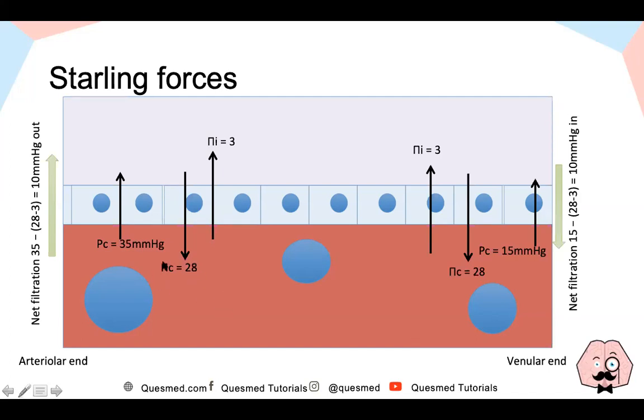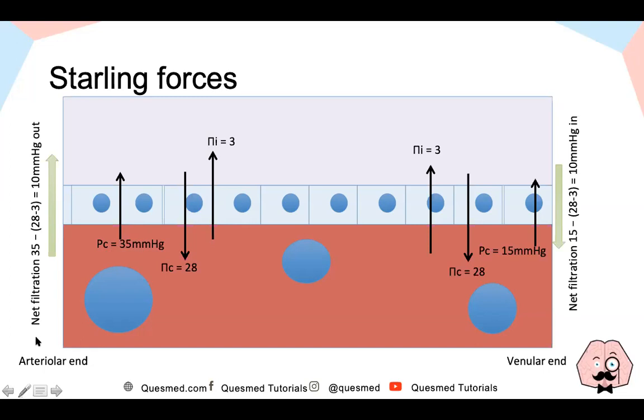So we've got an oncotic pressure here of about 28, and that's pulling the water from the interstitial fluid back into the capillary. And then we've also got an oncotic pressure of the interstitial fluid, but because that doesn't really contain big proteins, that's only about 3 millimeters of mercury.